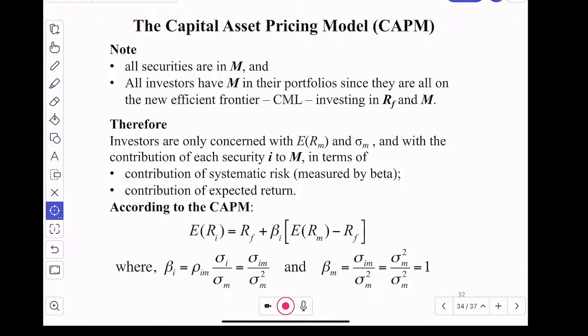To be incentivized to invest among the risky assets, they need to be compensated. And they should be compensated by what? This is a measure of the sensitivity of asset I's returns to the market. So for every unit of risk measured by the beta, they should be compensated by this.